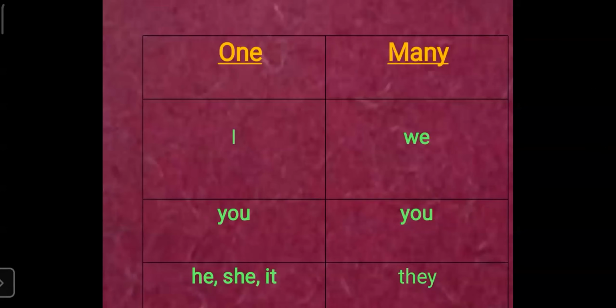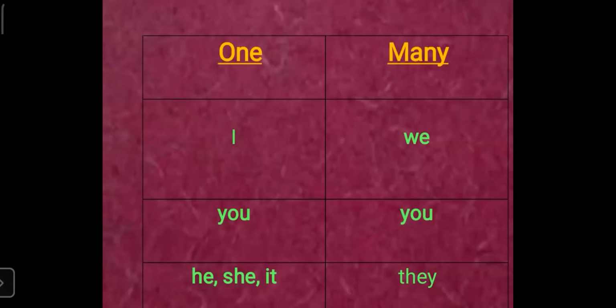Children, see here, two columns are there, one and many. We use the subject pronoun I when we are talking about one person. When I'm talking about myself, I will use I. But if someone else is there with me, I will not say I, I will say we.